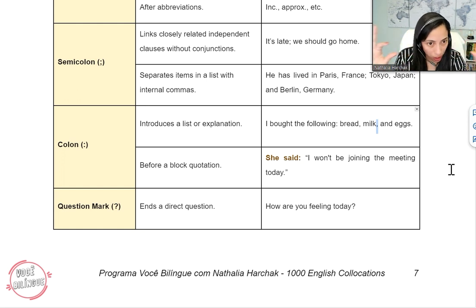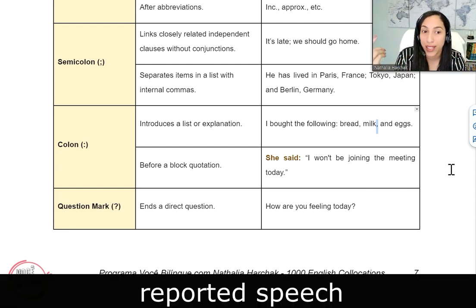And you don't want to change the sentence. Then you can say, she said, "I won't be joining the meeting today." But if you want to change the sentence, you could say, she said that she wasn't planning on joining the meeting today. You can change the sentence, but this is called reported speech.